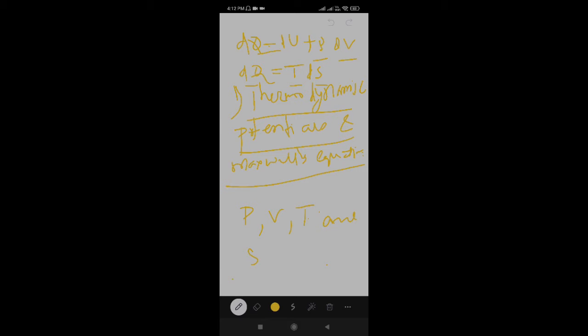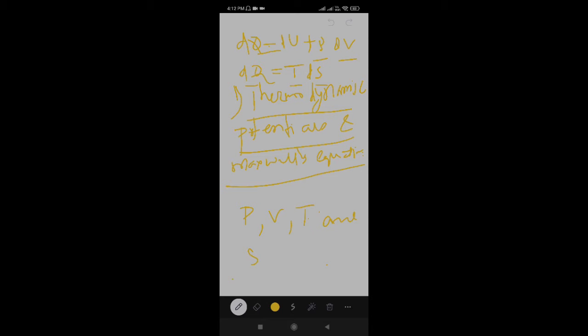In this way, two independent parameters are necessary to describe any thermodynamical system. These are the relations which describe a thermodynamical system.